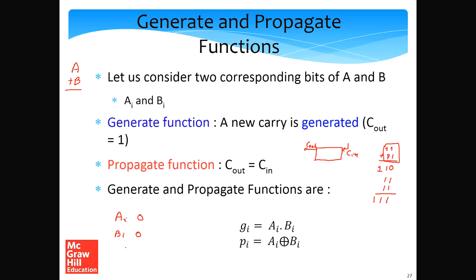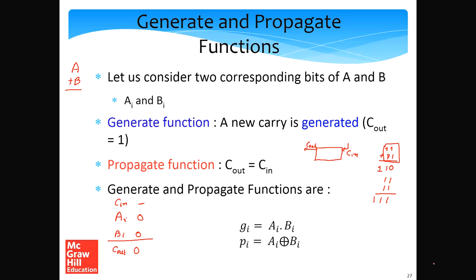If they are 0 and 0, and let's consider the carry in. Irrespective of the value of the carry in, the carry out will be 0, right? Even if the carry in is 1, we'll still not generate a carry. If it's 0, we'll still not generate a carry.